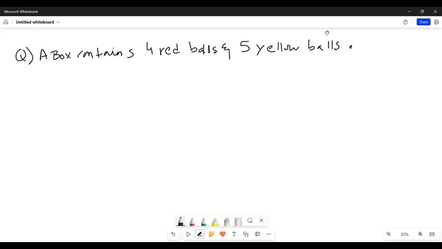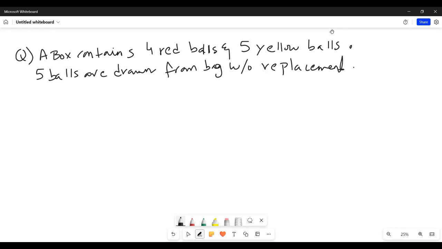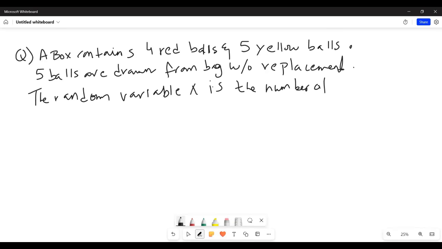Five balls are drawn without replacement. The random variable x is the number of red balls drawn. For the probability distribution table.